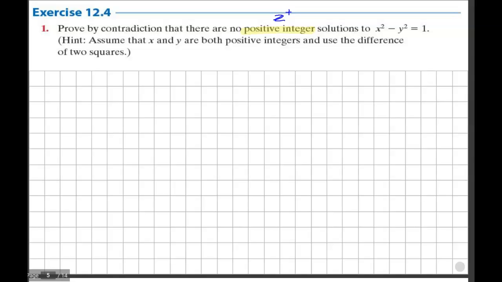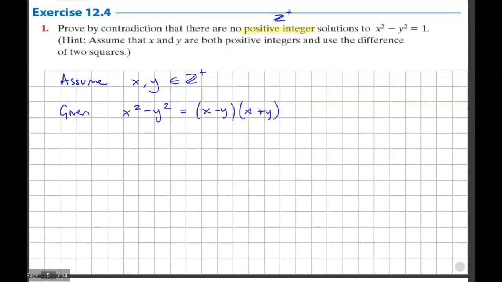We're being asked to prove that there isn't. For the contradiction, we are going to assume that there are positive integer solutions, and try and prove that it would work.